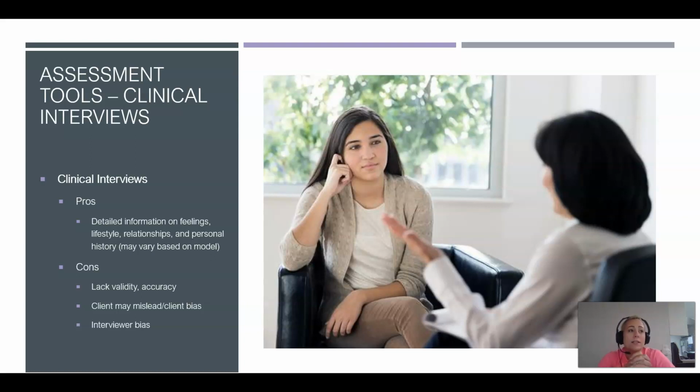Or maybe they don't have a sensitivity to multicultural issues, so the client doesn't feel like opening up. These are all sorts of things that can affect the efficacy of a clinical interview. But it is good for gathering information. We want to make sure we're not focusing on the wrong information or mistaking certain information.